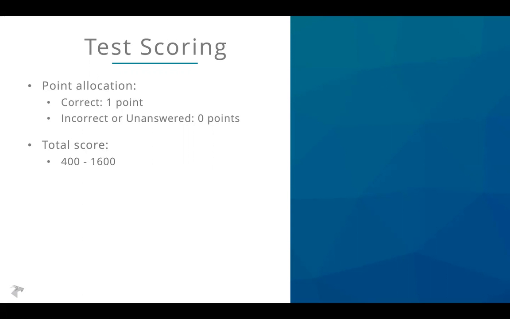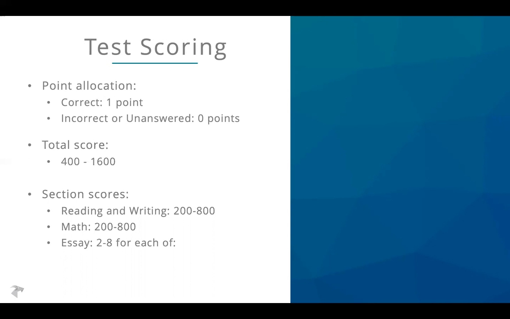That's just a combination of 2 section scores. The section scores are a combined reading and writing score, so that takes your reading points and your writing and language test points, sticks those together and gives you 1 section score from 200 to 800. And then your 2 math tests, the no calculator and the calculator, also are combined, and then you get a score from 200 to 800 for that as well.